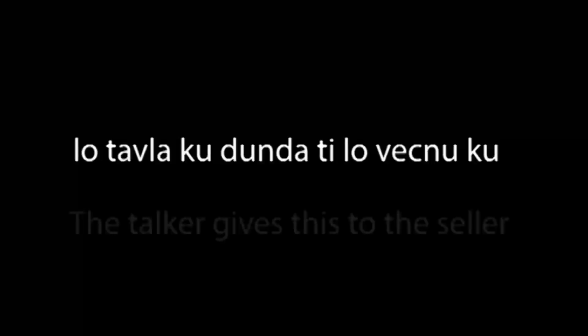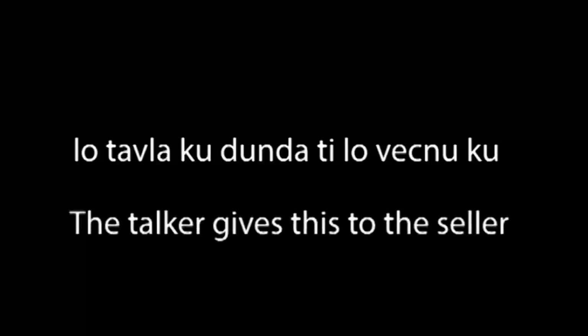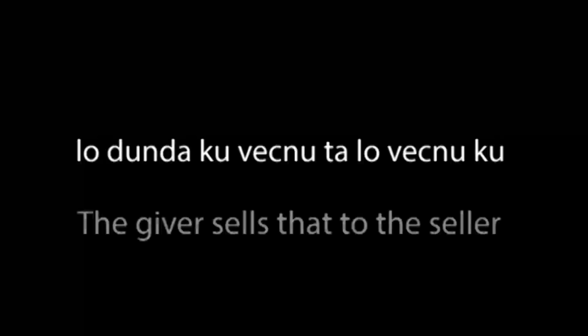Lo tavla ku dunda ta lo vecnu ku. The talker gives that to the seller. Lo dunda ku vecnu ta lo vecnu ku. The giver sells that to the seller.